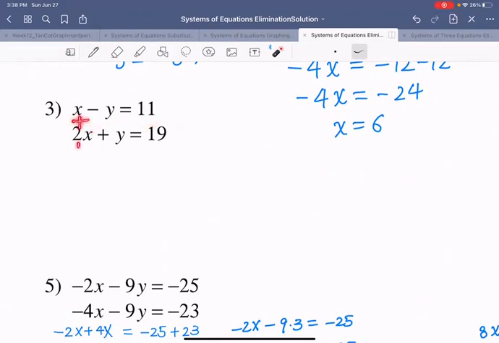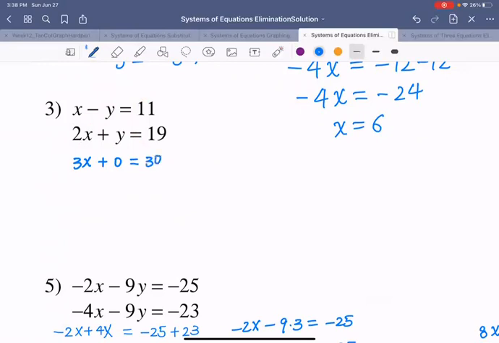This plus this, how much? 3x. Good. This plus this, how much? 0. Good. This plus this? 30.